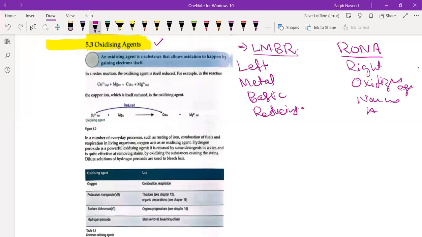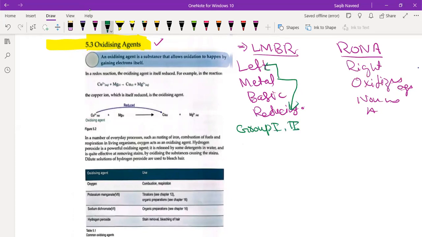acidic. So anyhow, what we have got from this code is that metals are reducing agents. They are present on the left side. So who is on the left side? It means group 1 and group 2 are definitely good examples of reducing agents.